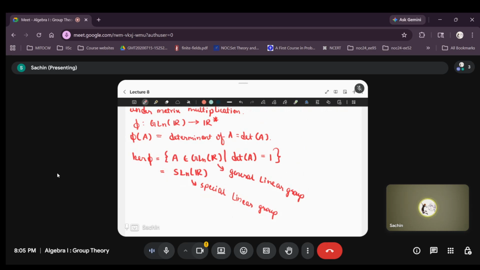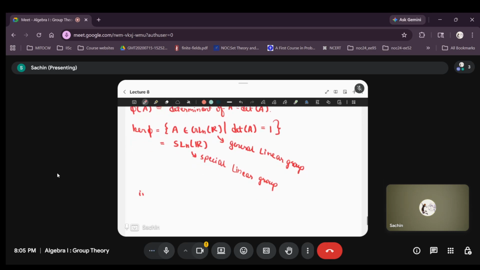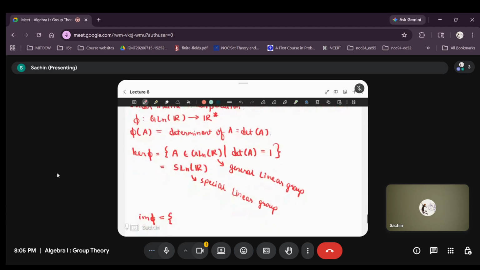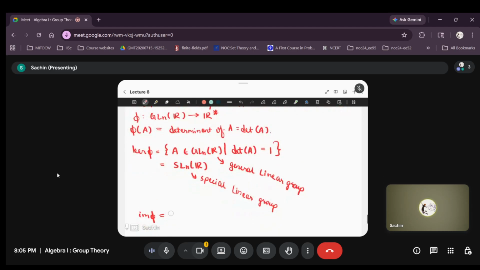The kernel of phi is a subgroup of the domain G. So SL_n(R) is a subgroup of GL_n(R). That's one way to prove it. What about the image? Yeah, it will be everything.